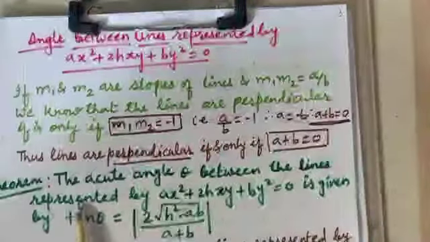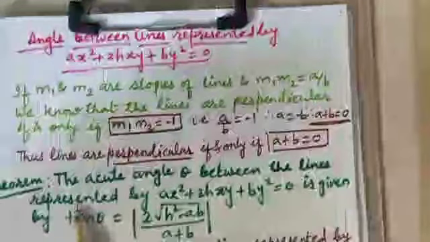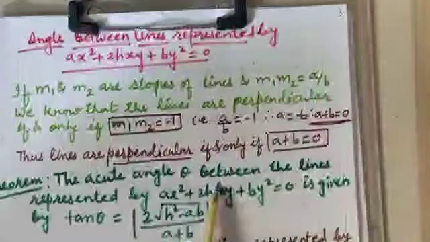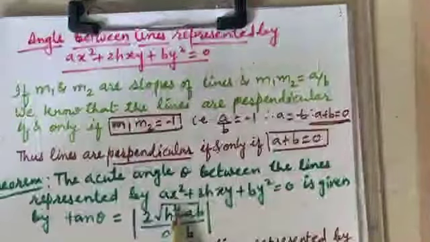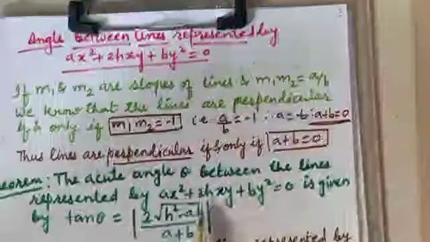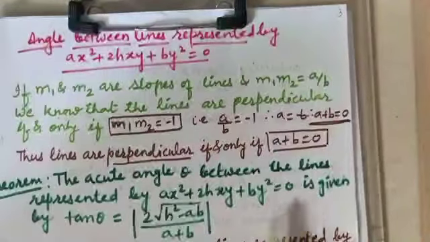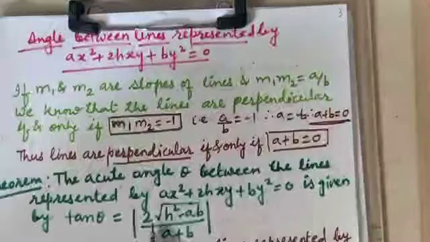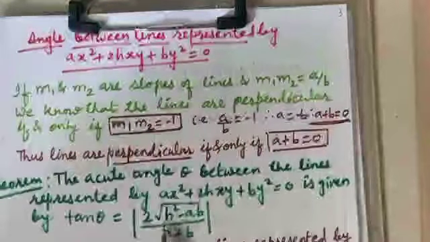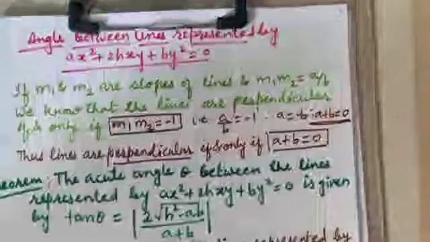Now we are going to study the important theorem of this chapter: the acute angle theta between the lines represented by ax square plus 2hxy plus by square equal to 0 is given by tan theta is equal to modulus of 2 into root of h square minus ab by a plus b.